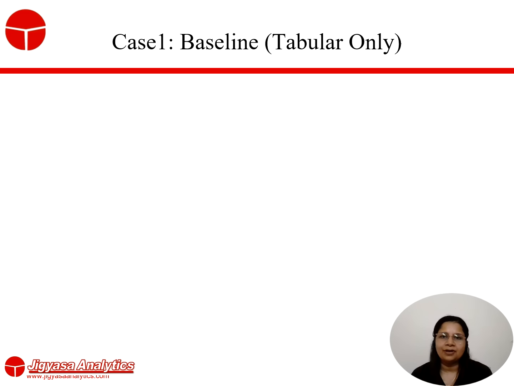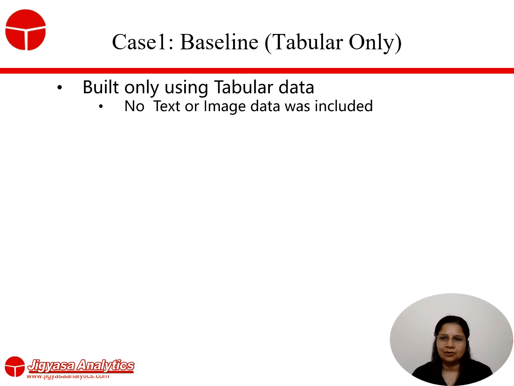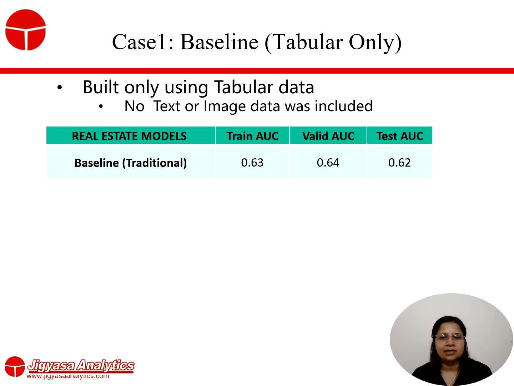Next, we will talk about the results that we see from our experiments. This slide presents the outcomes from our baseline model, which was built using only tabular data. No text or image data was included. For tabular data, there are several well-known modeling techniques such as logistic regression, XGBoost, and random forest. We experimented with many of these approaches and reported the best performing results in the first row of the table shown in the slide.